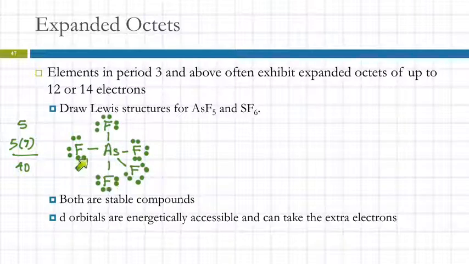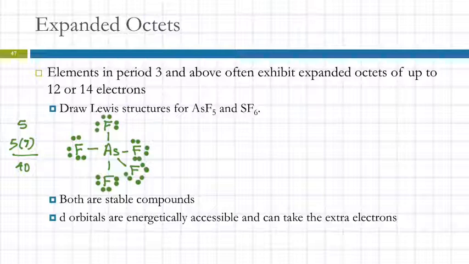So the arsenic has 10. But what do formal charges tell us? It's all zeros. Arsenic had 5 valence electrons. If we cut all these bonds, it's going to leave with 5 electrons. It comes out even. And the fluorines, if you've got 1 bond, they're zeros.